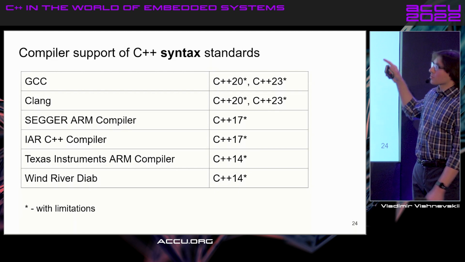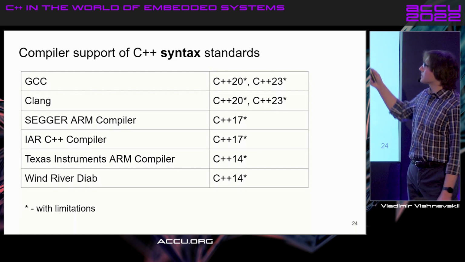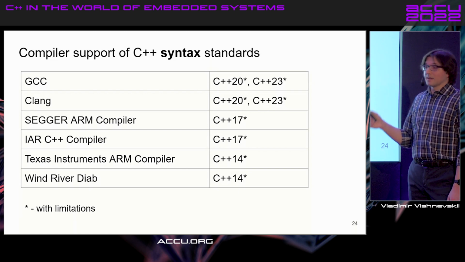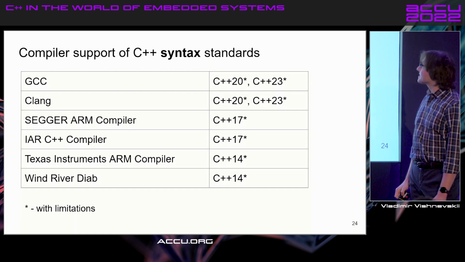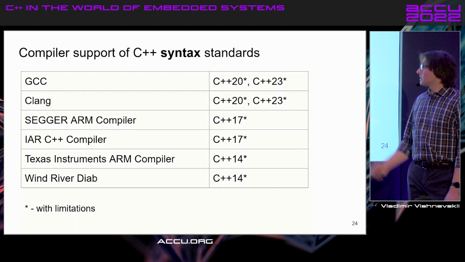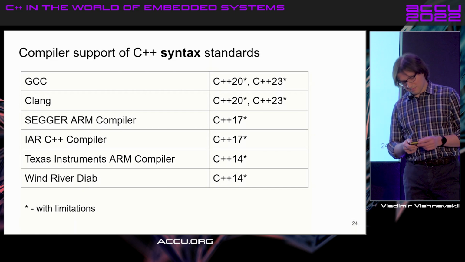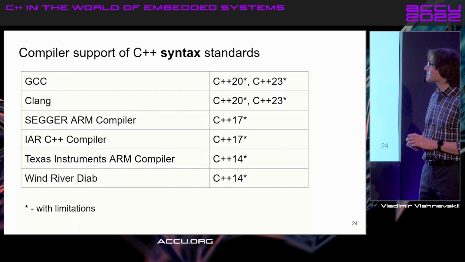Of course, if we can use some of the actual platforms, we can use non-proprietary, open source GCC, Clang. They, of course, have much more advanced support of the modern features. But as I said, at least C++14 enables us to write quite a modern C++.